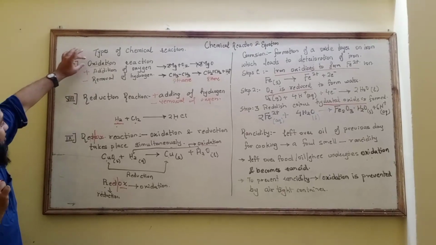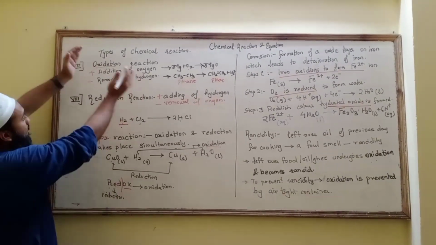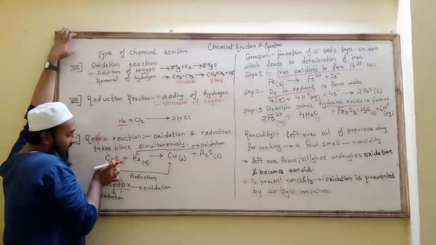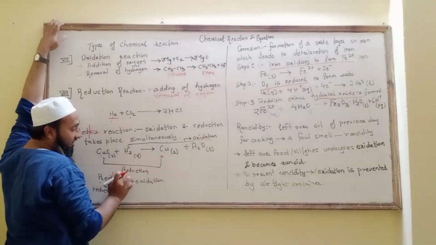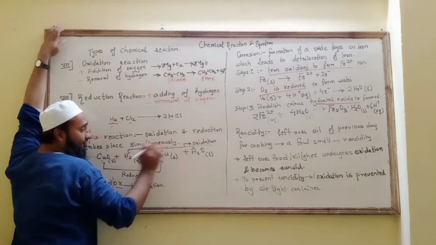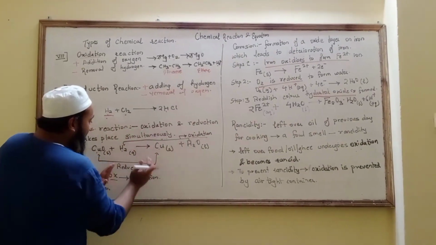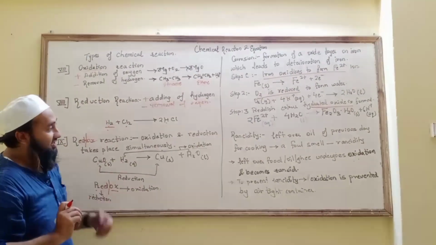Oxidation and reduction are exactly opposite, and the combination of oxidation and reduction is redox. In this example, copper oxide loses oxygen to give copper, so this is reduction. Hydrogen gains oxygen, so this is oxidation. In this reaction oxidation and reduction take place simultaneously, so it is a redox reaction.